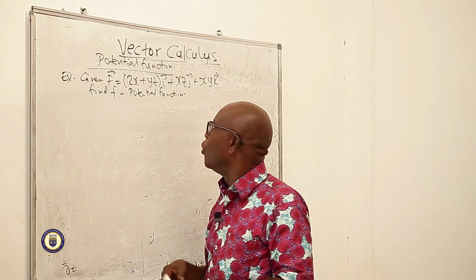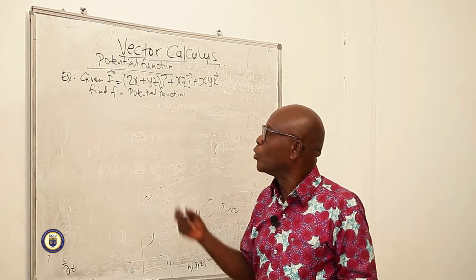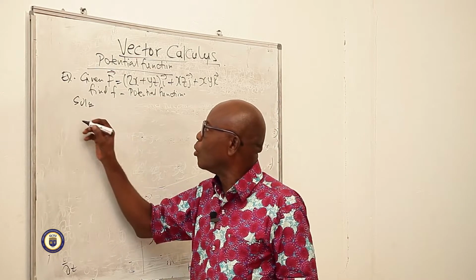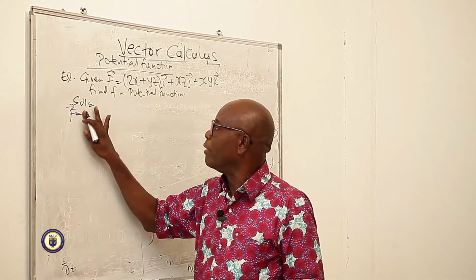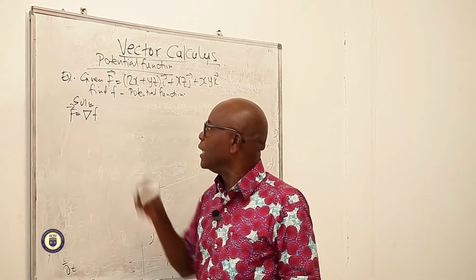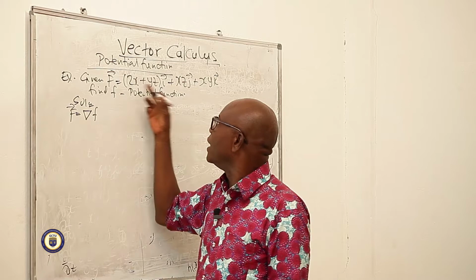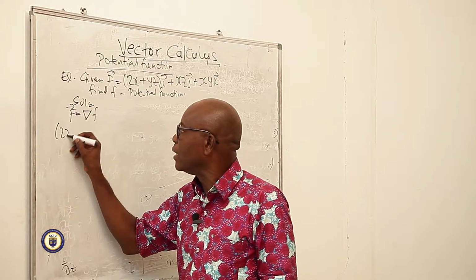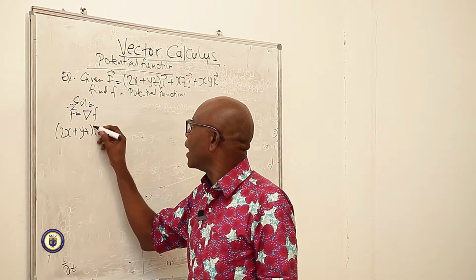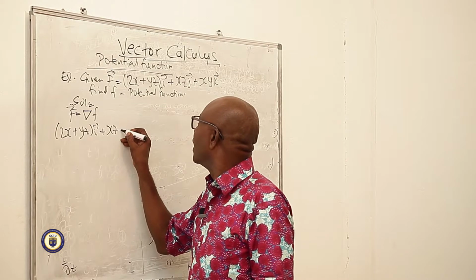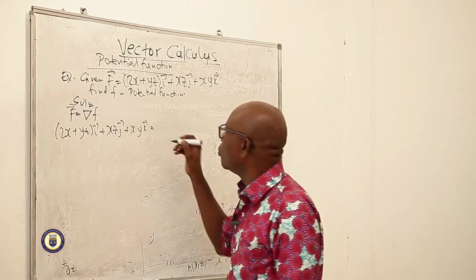Good. And so, like we did for 2 dimensions, 3 dimensions will also be like this. So the solution: f, which is a conservative vector field, is always defined as del f. And our del this time is in 3 dimensions. So putting the values there, we have 2x plus yz i plus xz j plus xy k is equal to the del.